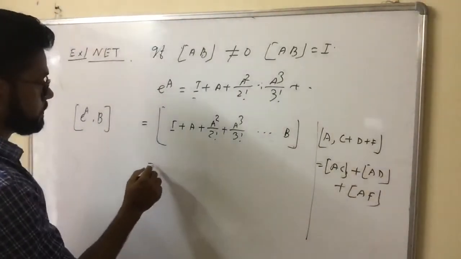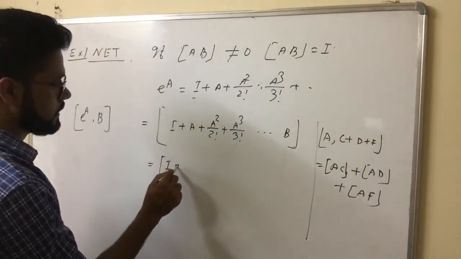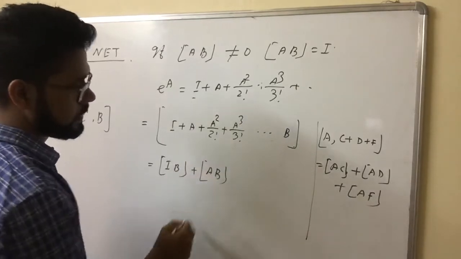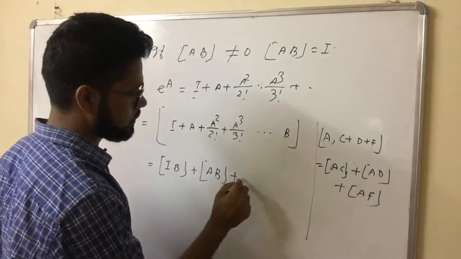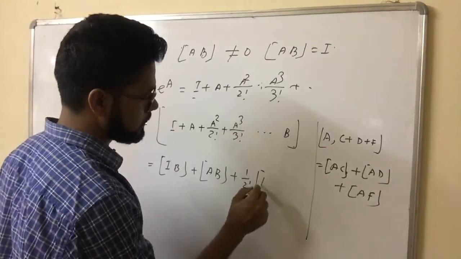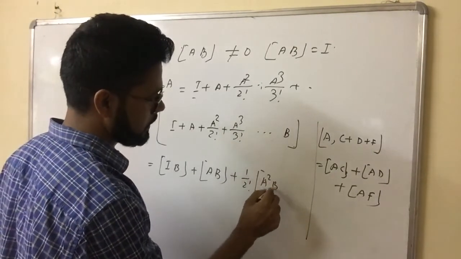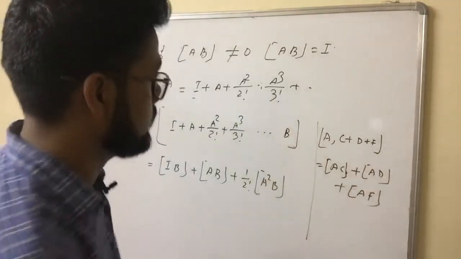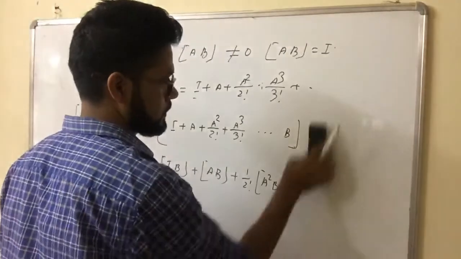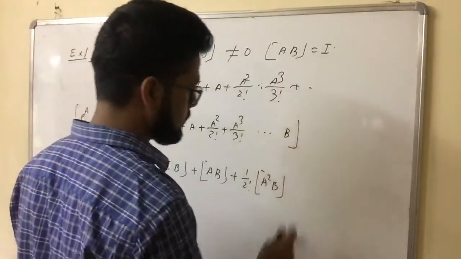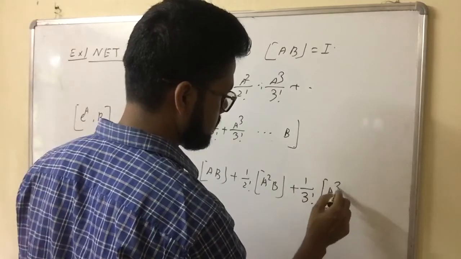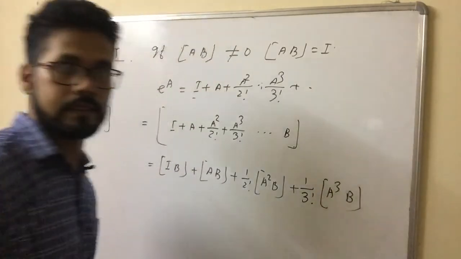So I will expand: the first term is I B. The next term will be A B. The next term will be 1 by factorial 2 A square B. The next term will be 1 by factorial 3 A cube B.